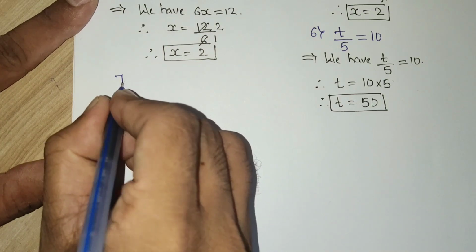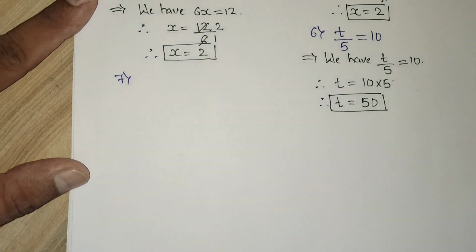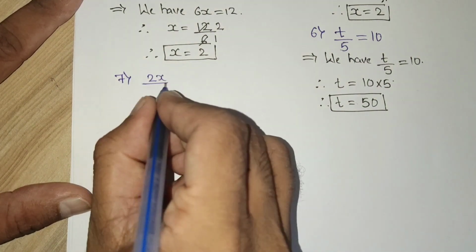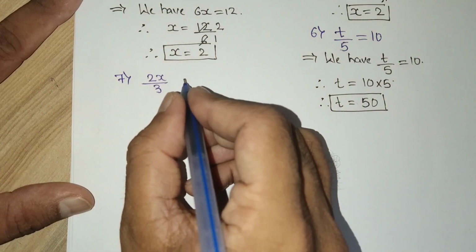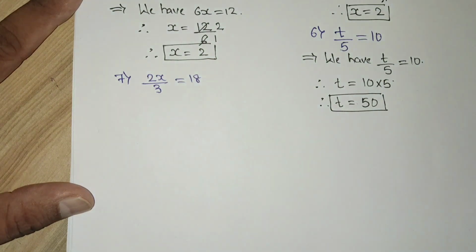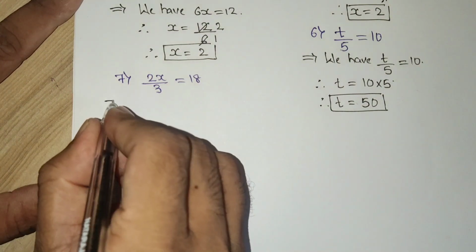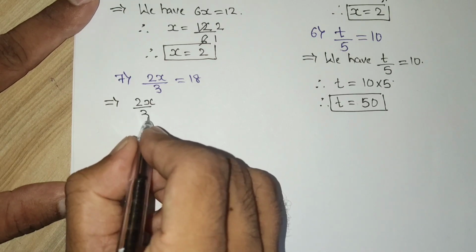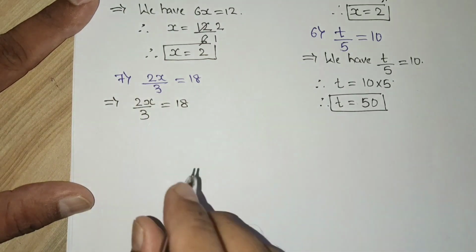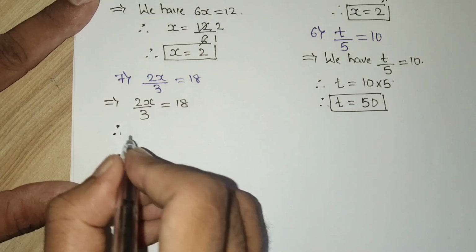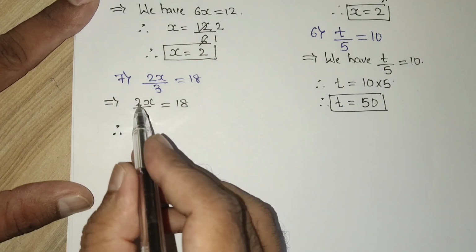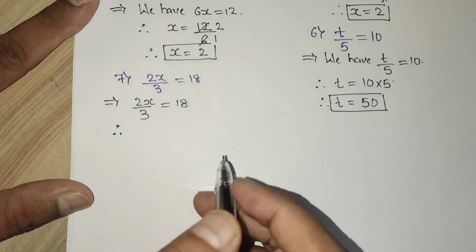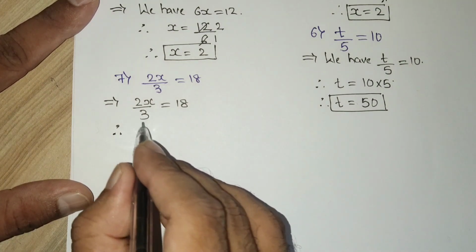Now question number 7. Question number 7 is 2x divided by 3 is equal to 18. Therefore, we will take each one of them one by one to the right hand side. First we will take 3, which is in division.